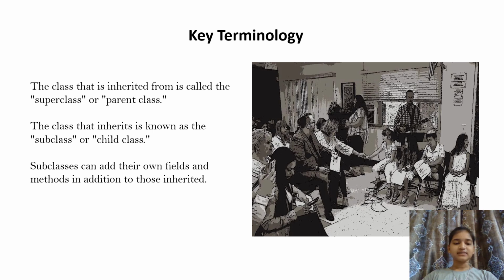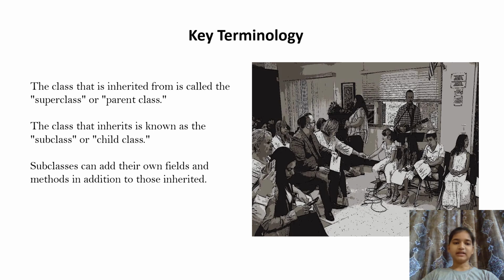Terminology: the class that is inherited from is called the superclass or the parent class. The class that inherits is known as the subclass or the child class. Subclasses can add their own fields and methods in addition to those inherited. So here are two very important definitions: the superclass, also known as the parent class, and the subclass, also known as the child class.